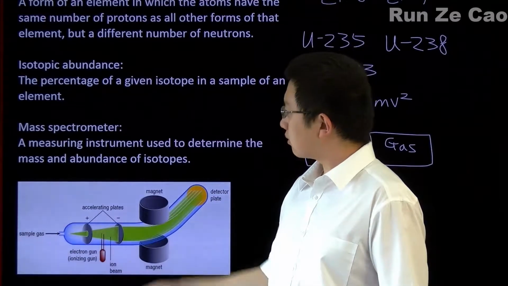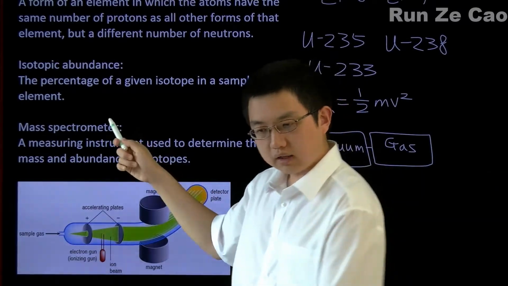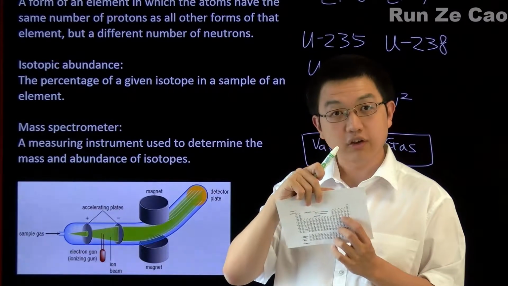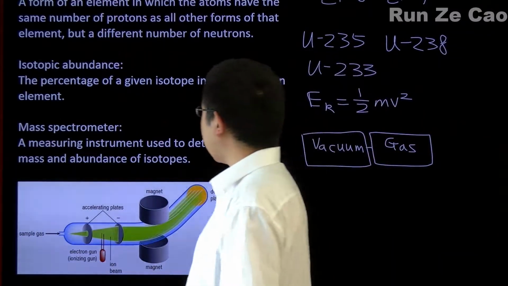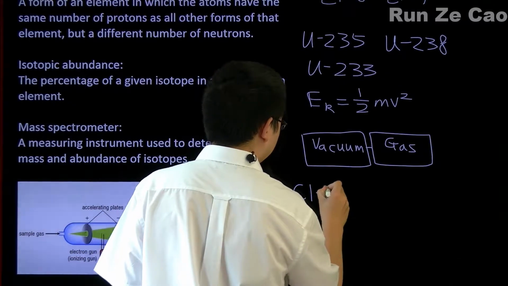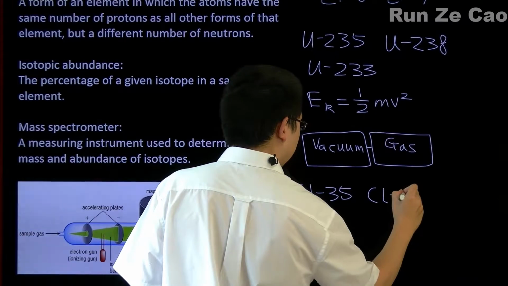Now, this here, this is why you see something like 35.45 under chlorine. Chlorine has two main isotopes in nature, Cl-35 and Cl-37.